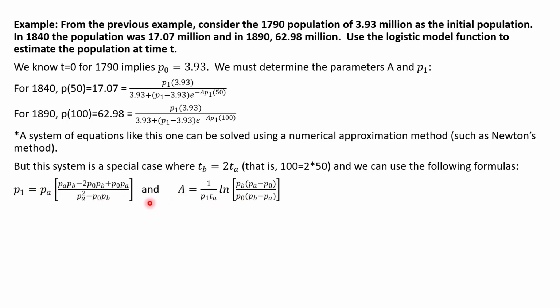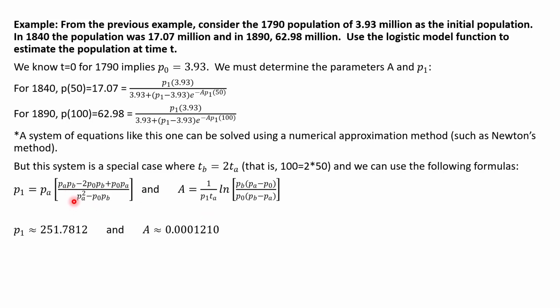Okay, so this is, again, just a special case. Not always does this happen. In other times, you would solve this system of equations with any method that you could that worked, and Newton's method would work for this one. Okay, so I won't do all the calculations here, but it's just really a matter of plugging in.